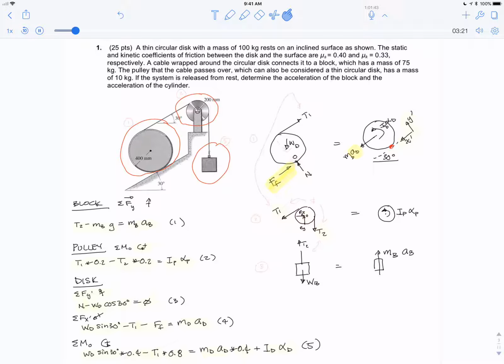Let's continue on. So you can see I'm going to draw three free body diagrams, one for the disc, one for the pulley, and one for the block. And so here's the free body diagram for the disc. I have that unknown friction I just highlighted in yellow there, the normal force, the weight pointing vertically down due to gravity, and the tension in that string there.